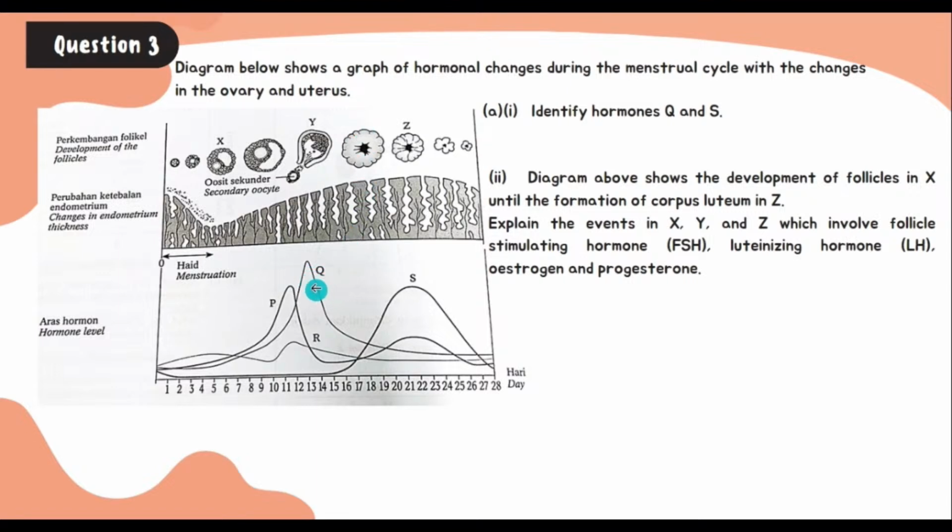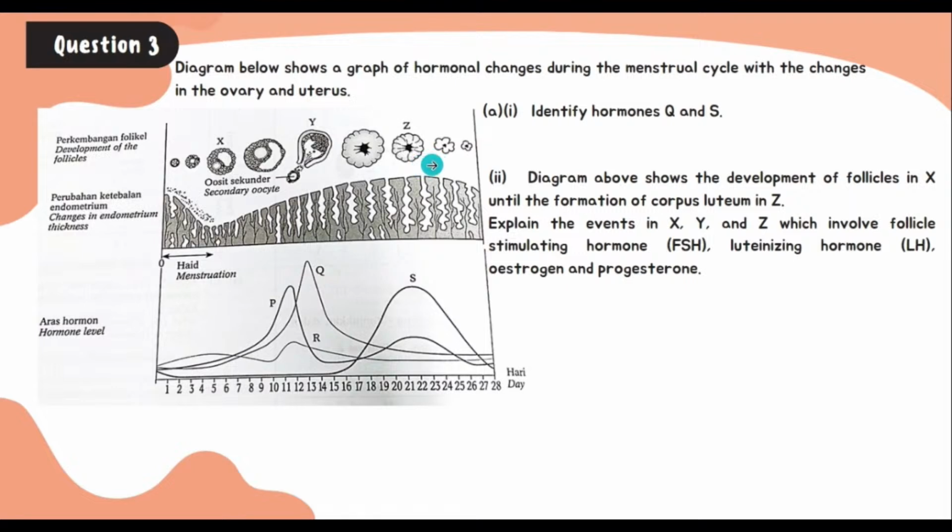So you can see when Q is at the higher level, Y process occurs. Secondary oocyte is released. So this is ovulation. Ovulation occurs when luteinizing hormone is at the highest. Okay, so how about S? You can see it is at the highest when the follicle is in the form of Z, which is formed after the ovulation process.